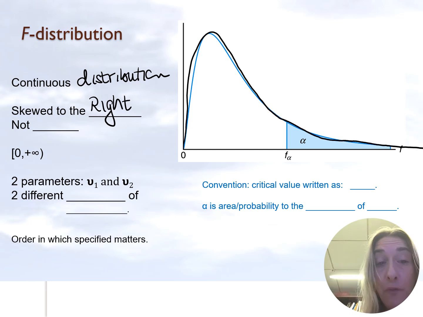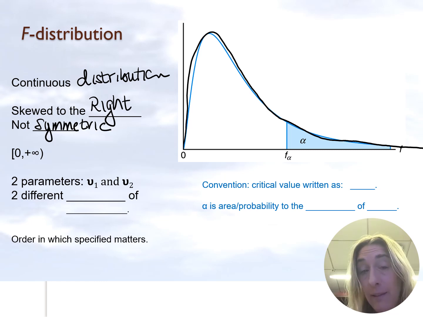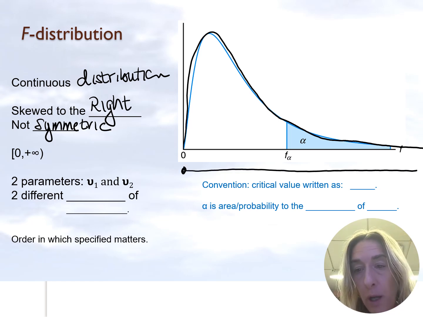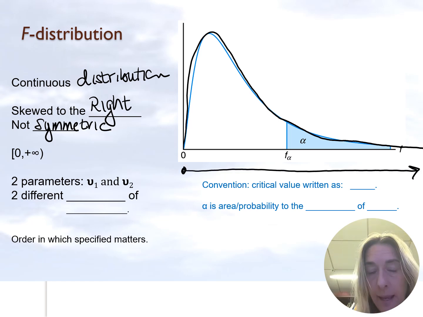Therefore, it is not symmetric. It's not a symmetric distribution like the T distribution or the Z distribution. It ranges from 0 to positive infinity along the x-axis, just like the chi-square distribution does.